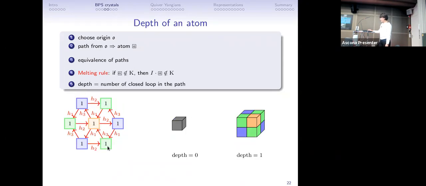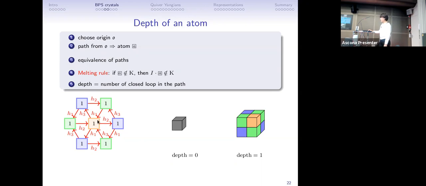Because we're going to uplift this periodic quiver to a 3D crystal, you have a notion of how deep you are in your crystal.